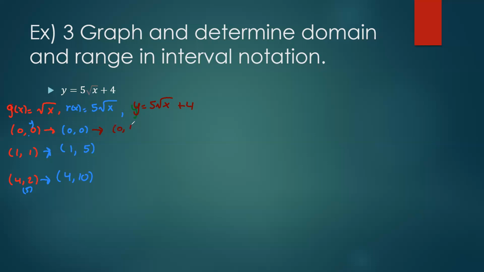So it's (0, 4), because 0 plus 4 is 4. (1, 5) would be (1, 9). And then (4, 14), since 10 plus 4 is 14.